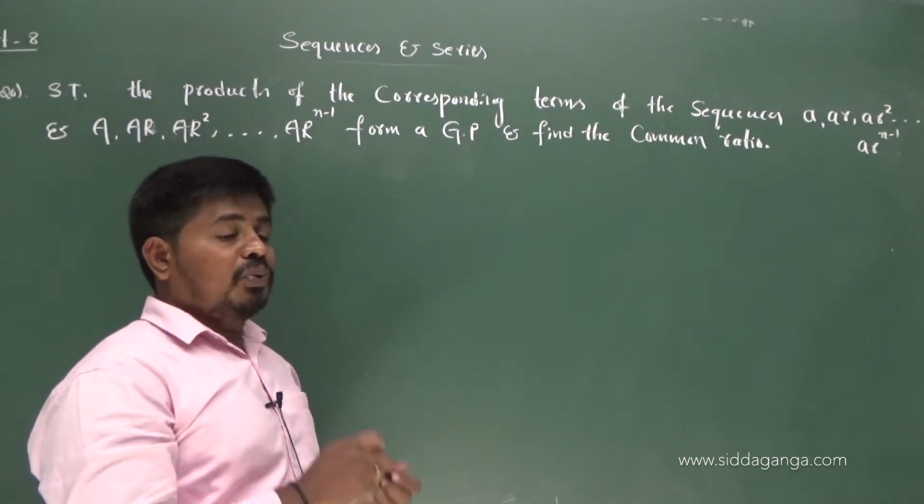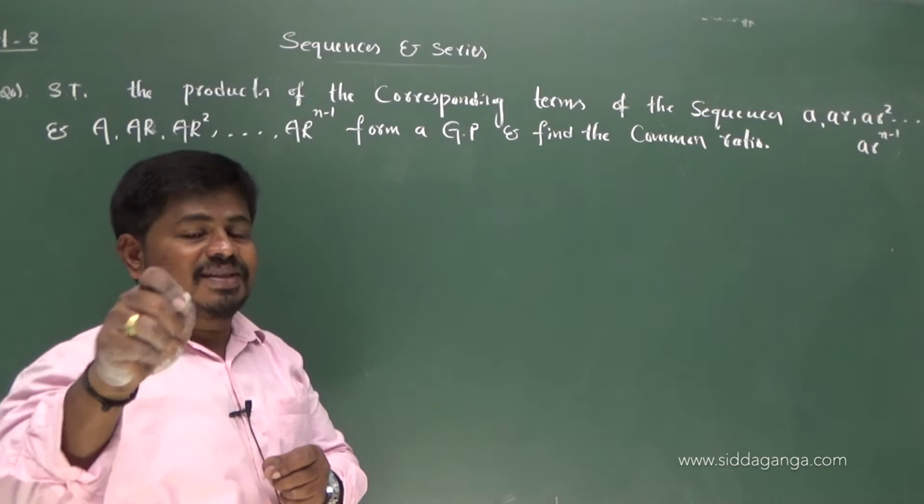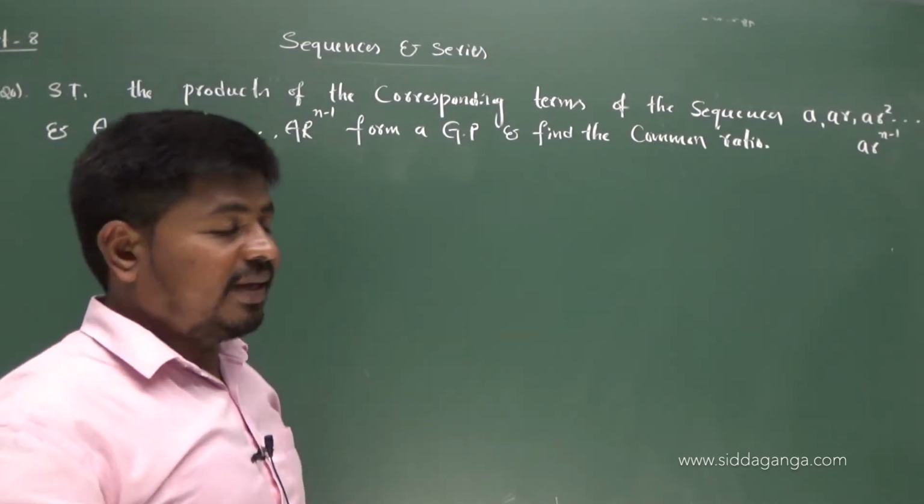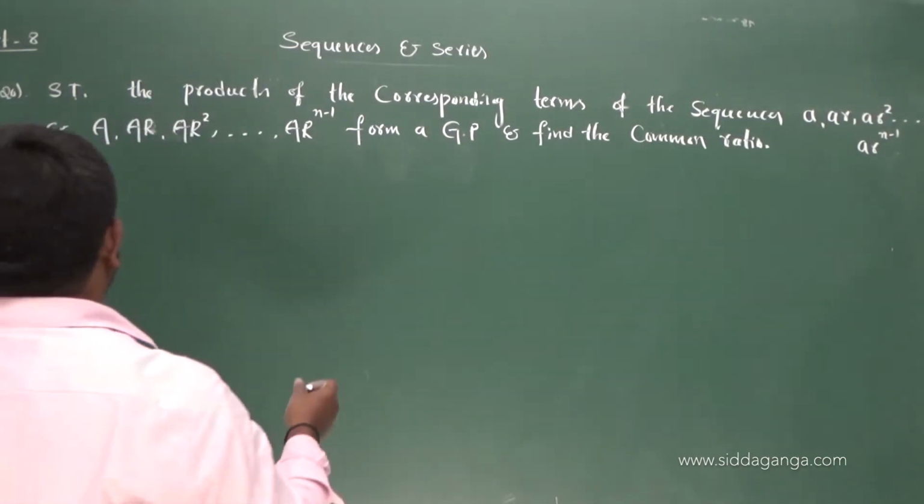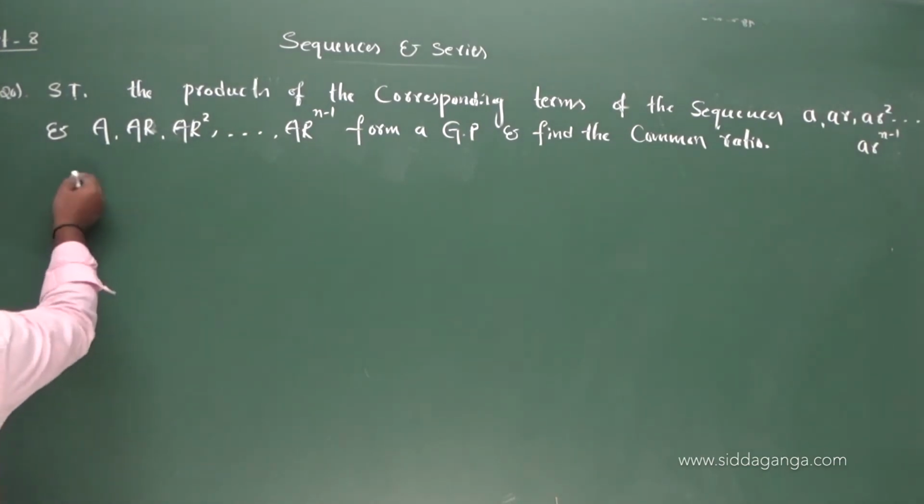So we have to prove that the resultant sequence is again a GP. So let me write the products.